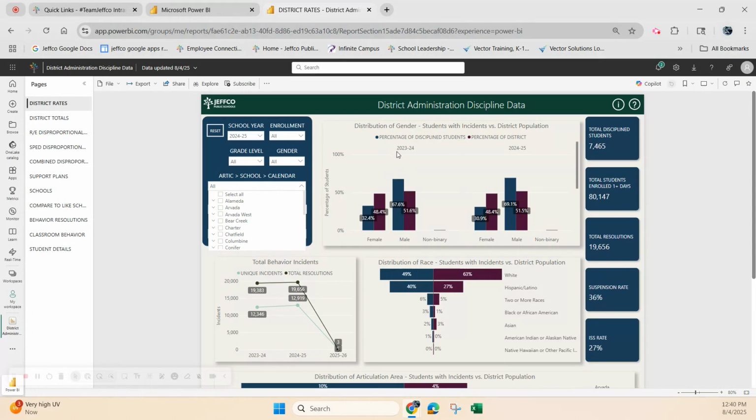So we've got 2023-24 and 2024-25 in this first tab, and it breaks it down by discipline students and percentage in the district, male, female, and non-binary.